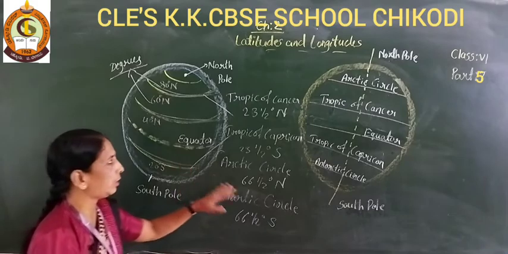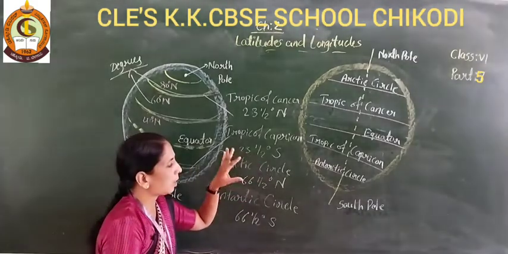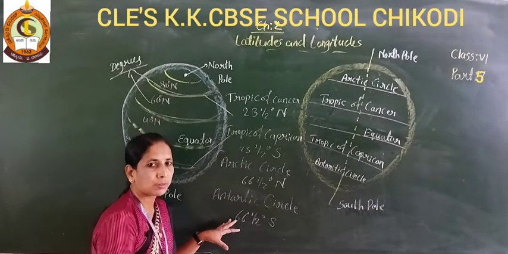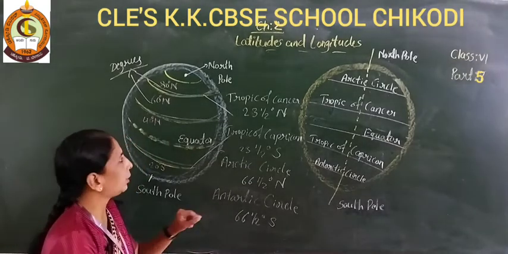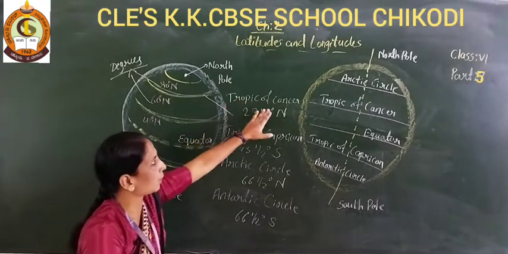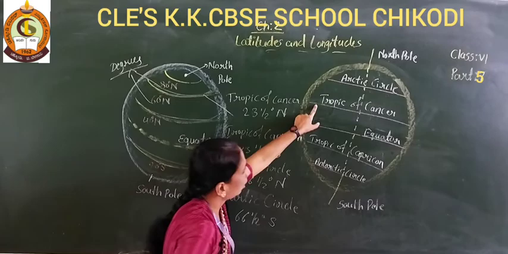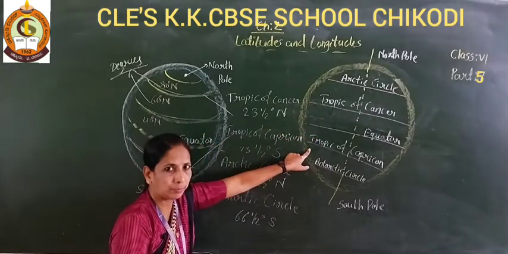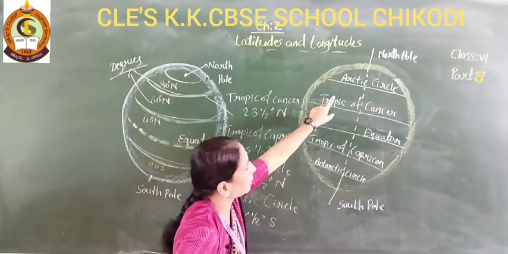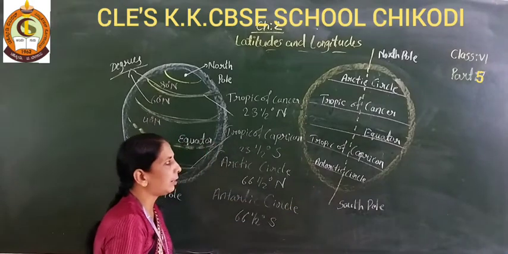And next, here are some important latitudes: Tropic of Cancer, Tropic of Capricorn, Arctic Circle, then Antarctic Circle.